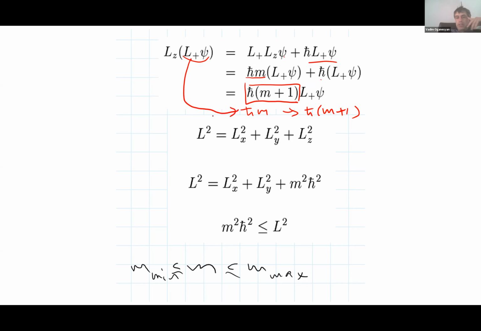This is what L plus does: it changes the eigenvalue of psi by 1.